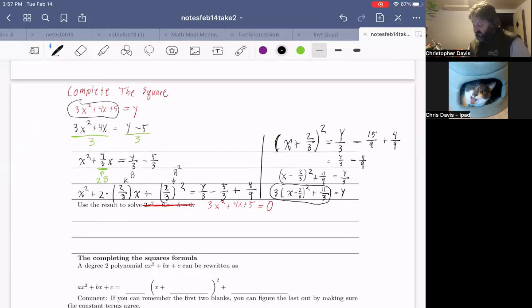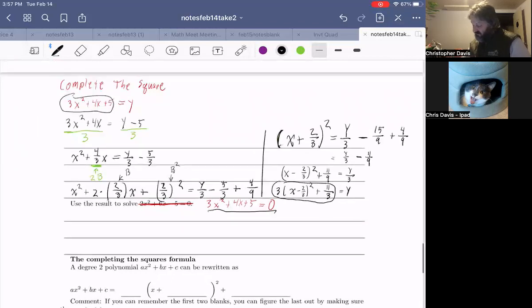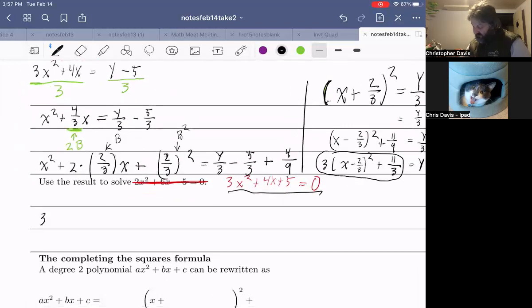So if you want to solve this equation, instead you can think about solving 3 times x minus 2 over 3 squared plus 11 over 3 equals 0.